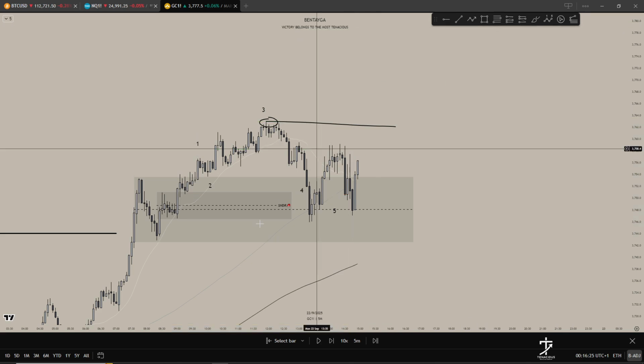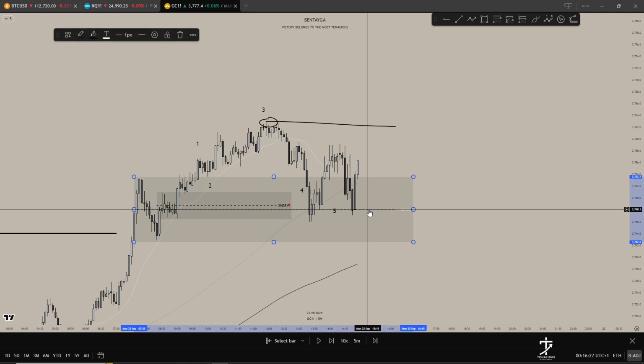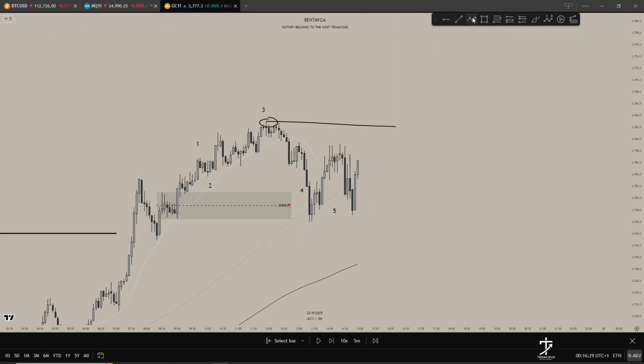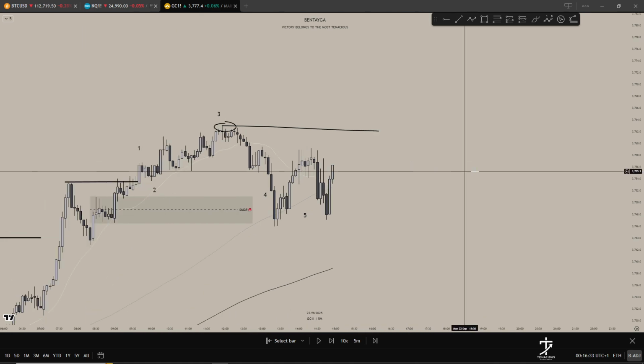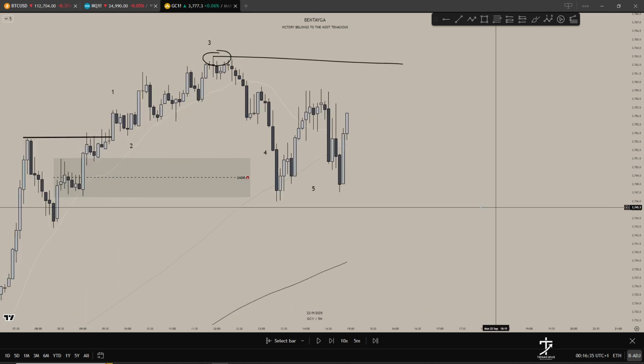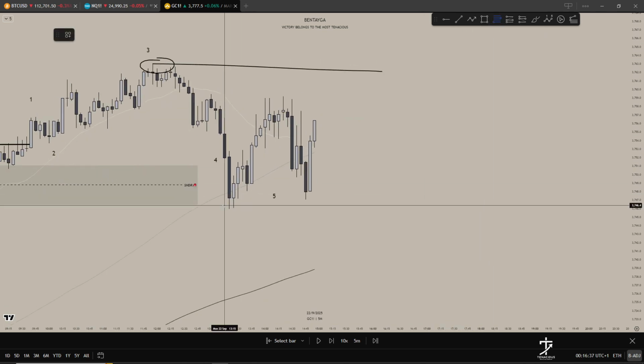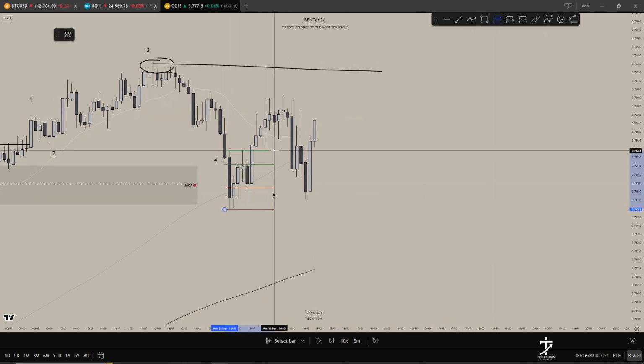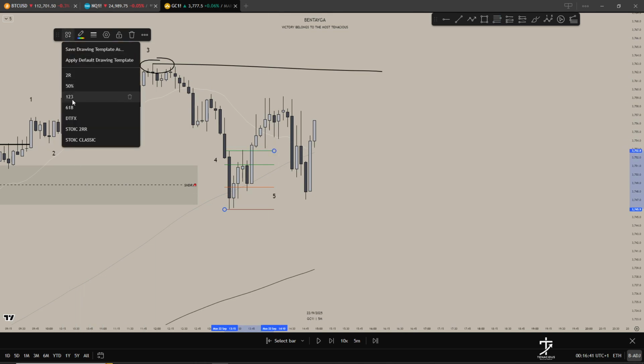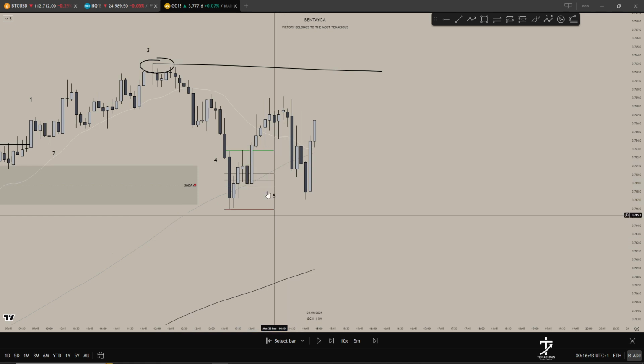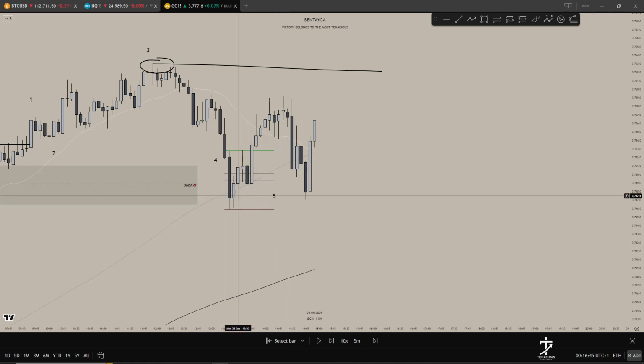You also have an IB candle over here, so you can clearly see that this candle is an IB candle. Why? Because we've closed inside of it.